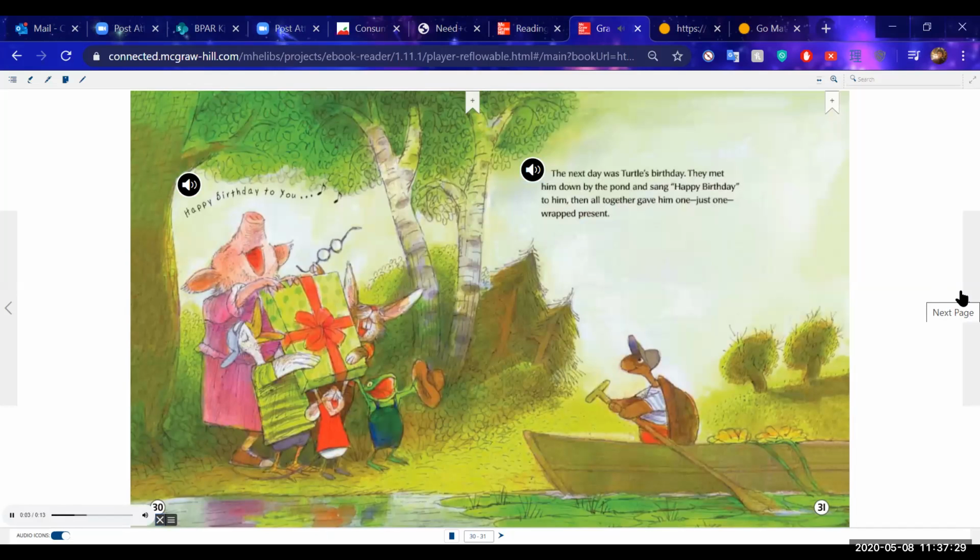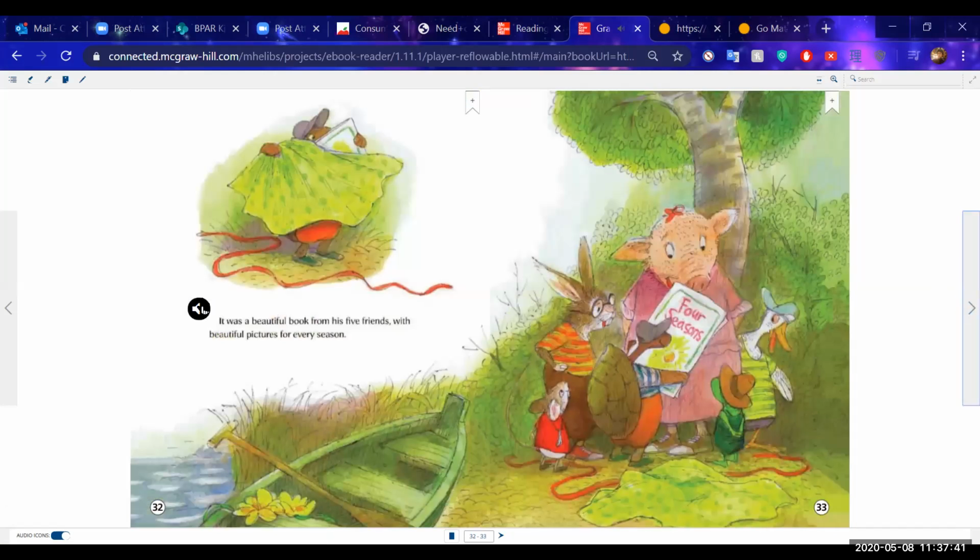They met him down by the pond and sang happy birthday to him. Then all together gave him just one wrapped present. It was a beautiful book from his 5 friends, with beautiful pictures for every season.